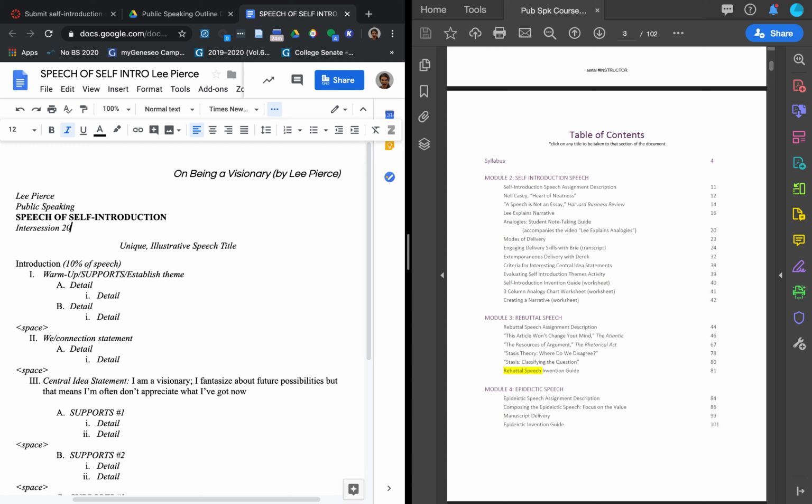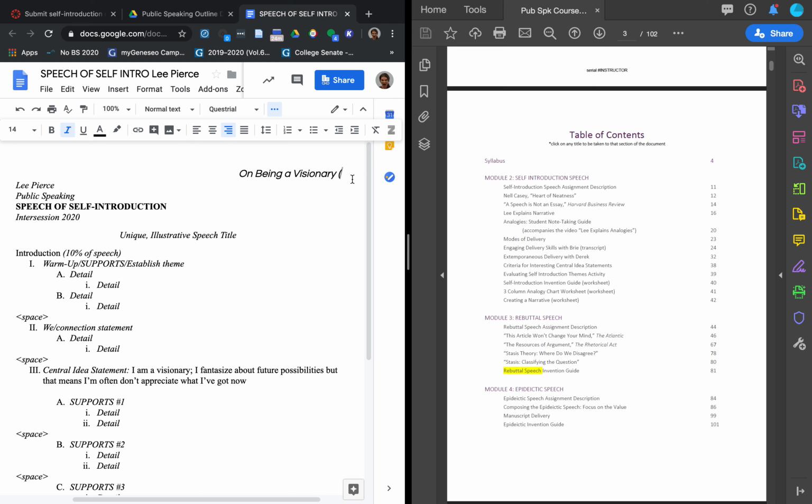Technically it's Intersession 2020, I think, at this point, but sometimes they call it Intersession 2019. I never know. Now we have our little template, and it's in the folder right where it's supposed to be, which means when I finish writing this, assuming it's by the due date for drafts, I will be able to get feedback from my instructor on it, which is me. Actually, I lied, that goes here. There we go. Okay.